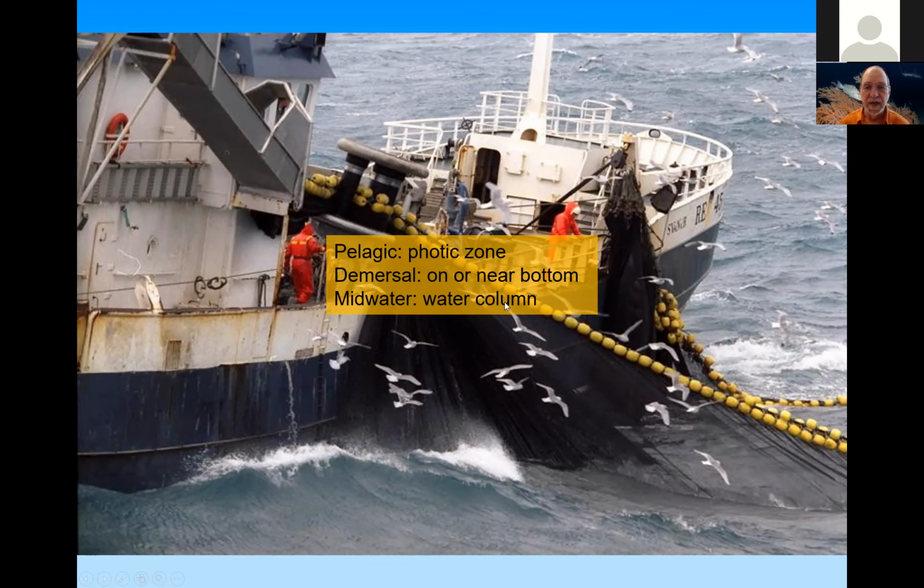Okay. So in the case of the anchovy, this operation is targeting the pelagic populations of anchovy offshore South America in the Pacific Ocean.